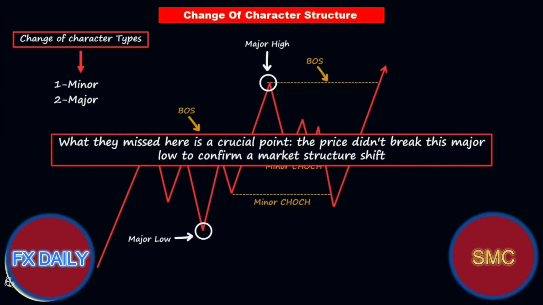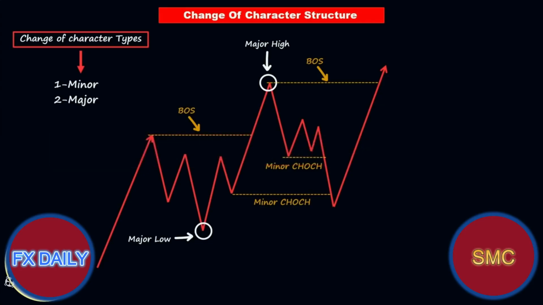The key thing is that the price is still above this important, unbroken floor, so we cannot say that the market structure has changed. In general, one should not enter a sell position until the price breaks the last important floor downwards, that is, the change of character.